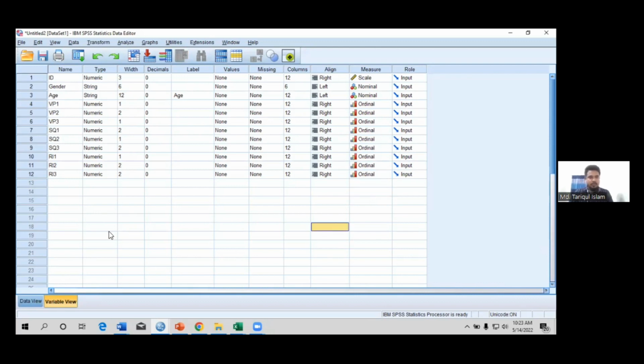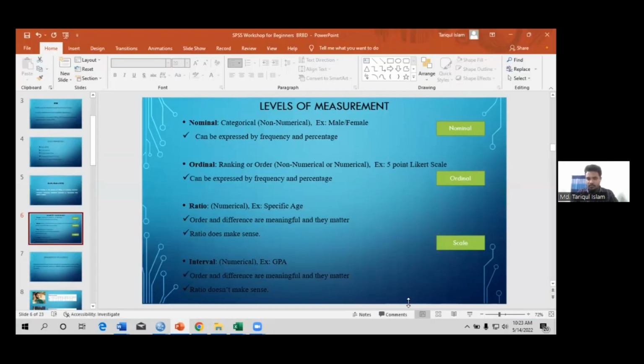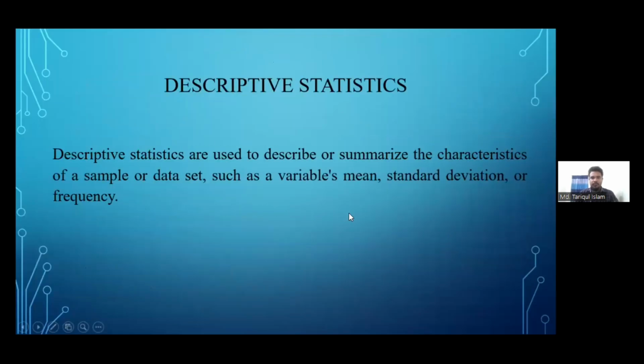Okay, so here our data is ready for the analysis. So we'll be starting the descriptive statistics. The definition of descriptive statistics is that descriptive statistics are used to describe or summarize the characteristics of a sample or data set, such as variables, mean, standard deviation, or frequency.